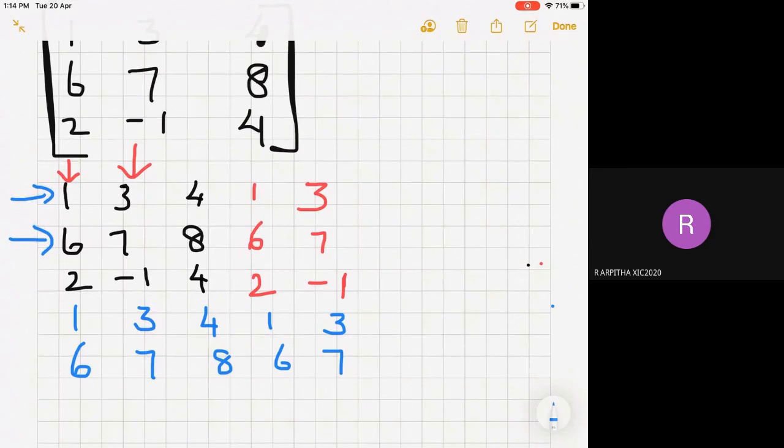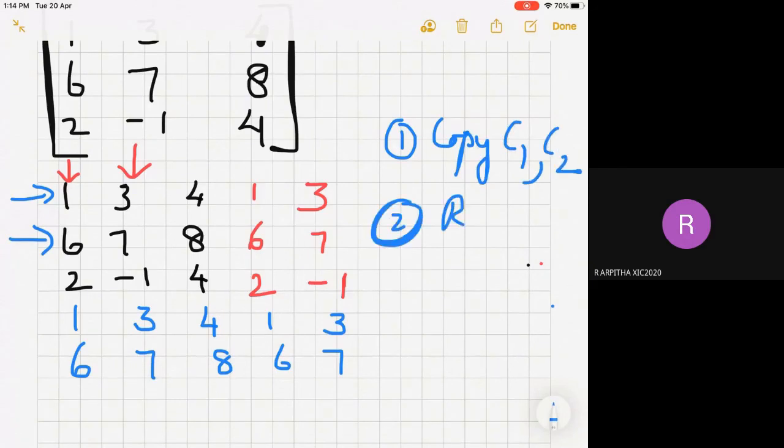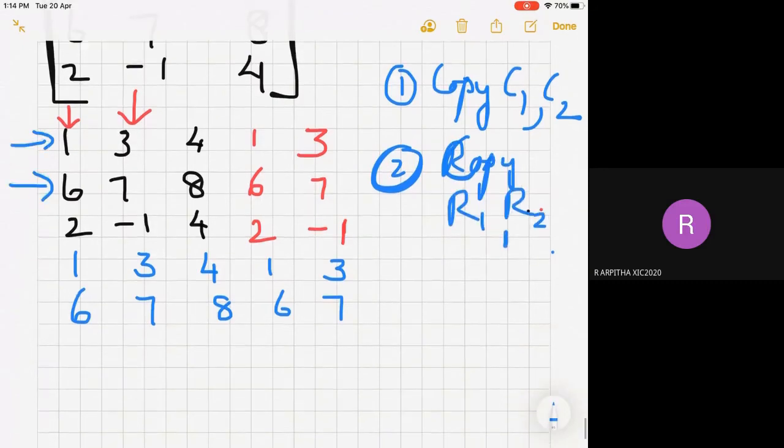First I copied the matrix elements, then copy C1, C2. Second step, copy R1, R2. Then after that, I delete the first row and the first column.